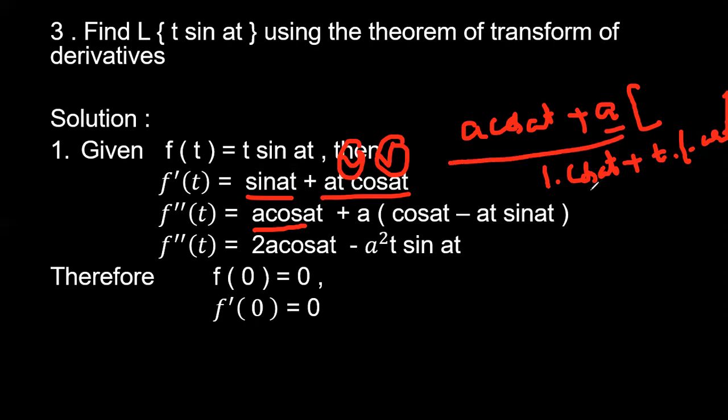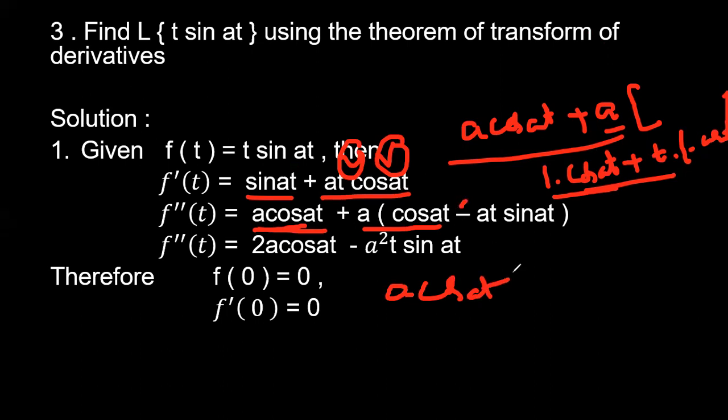If you simplify this whole term, the first term will be a cos at. Next is plus a into 1 into cos at, that is nothing but a cos at.